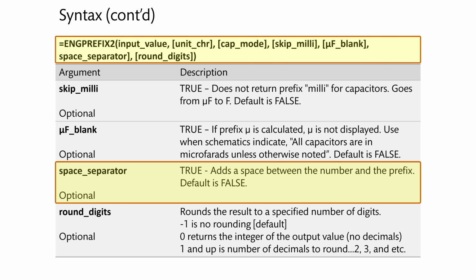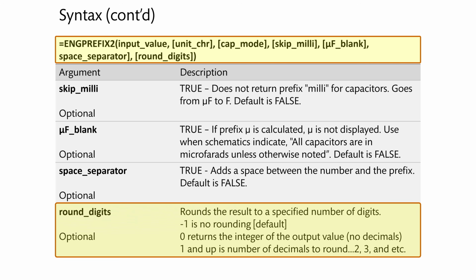The default is false, but more on that later. And finally, round digits. This rounds the result to a specified number of digits. -1 is no rounding, which is the default. 0 returns the integer of the output value with no decimals. 1 and up is the number of decimals to round: 2, 3, and so on.